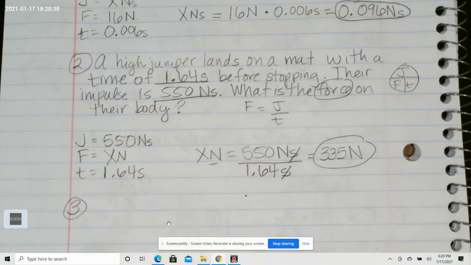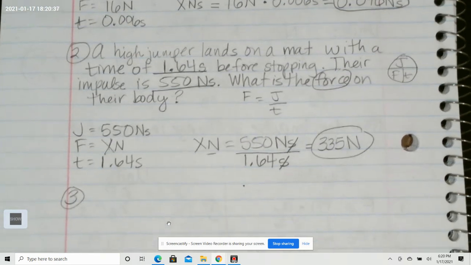Okay, number 3. So we looked for impulse, we looked for force. Let's look for some time.